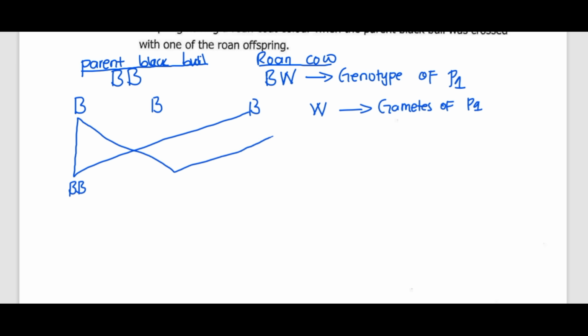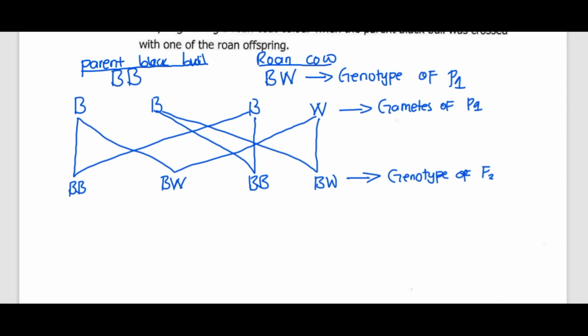Now here the question is, using a genetic diagram, predict the chances. So we are looking at the chance, and we'll take it as a percentage. So we need to find the percentage of having a roan. So chance is equal to roan. We can see that there is this chance 1, 2.